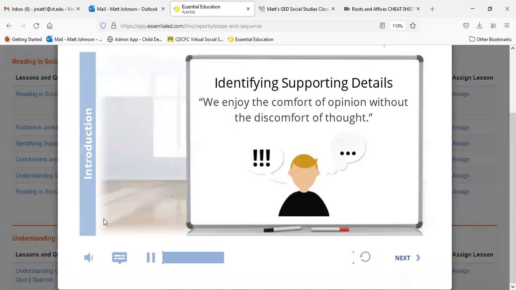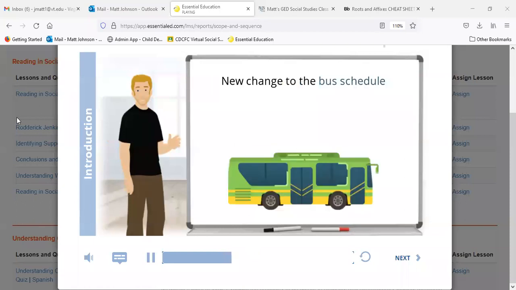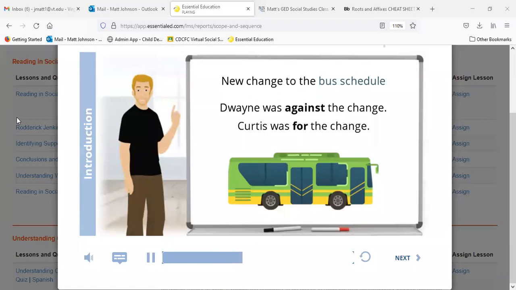It's like the other day, Curtis brought up this new change to the bus schedule. I expected him to be against the change because I'm against the change. But it turned out that he was all for it. I was blown away. Curtis is a smart guy. How can he be for something that I'm against? You see, since I share my car with my brother, I gotta take the bus to class on Saturday.